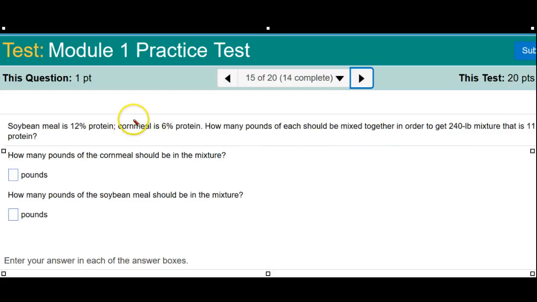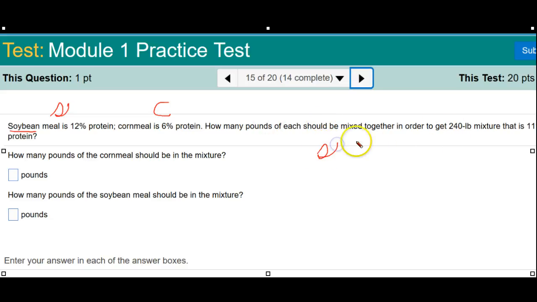Again, pause the tape if you need to read something more slowly. Here, this will be cornmeal. We'll use the letter C. It's 12%. And this one will be, well, let's change that a little bit. So, soybean, yes. We'll use that as an S, and cornmeal here. Sorry about that. And we're going to have this mixture.